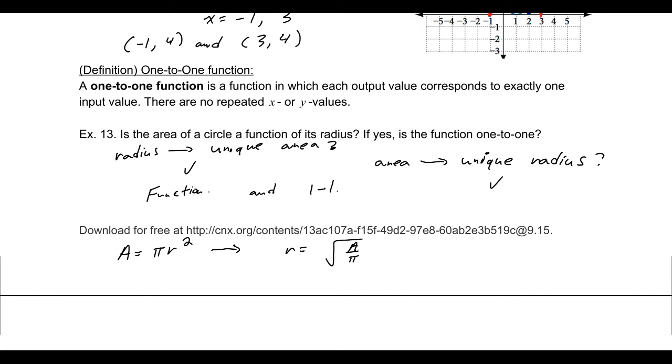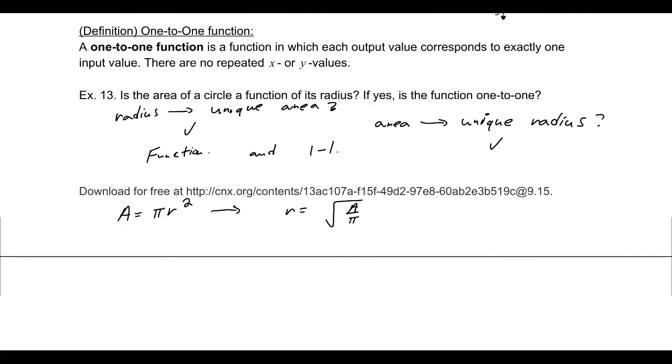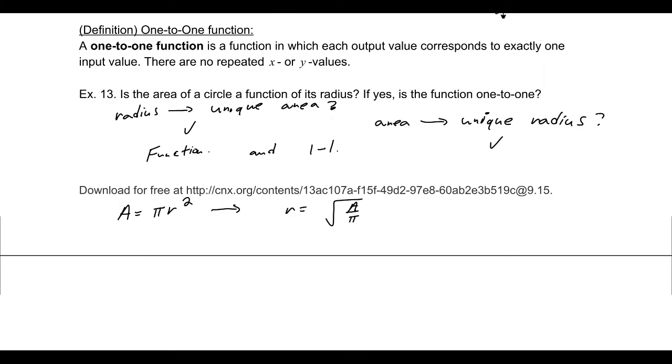Because area is going to have to be positive, I don't need the plus or minus. In fact, my radius is always going to be positive as well, so I don't need a plus or minus on this. So that is my unique radius based on my area. So if I give you a radius, you can certainly tell me without any ambiguity what my area is. And if I tell you the area, you can tell me without any ambiguity what the radius is.